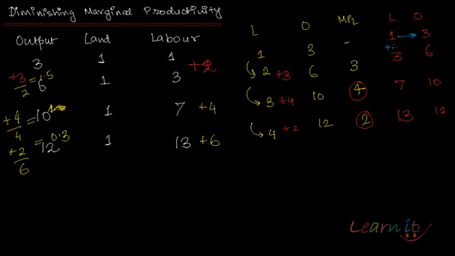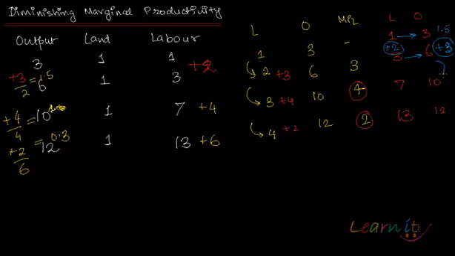Now there is an addition of 2 units, and these 3 units together give 6 units of output. So the additional output is 6 minus 3, which is 3. This additional 3 is distributed among the additional 2 units of labor. So 1 unit of labor is actually giving you just 1.5 units of output increase.